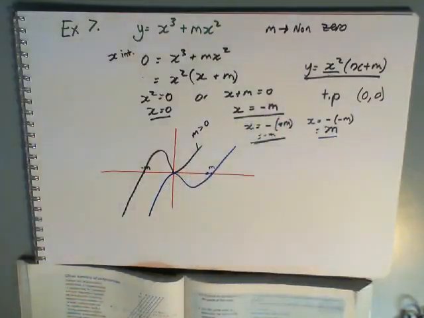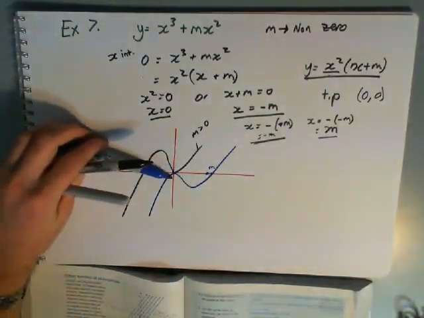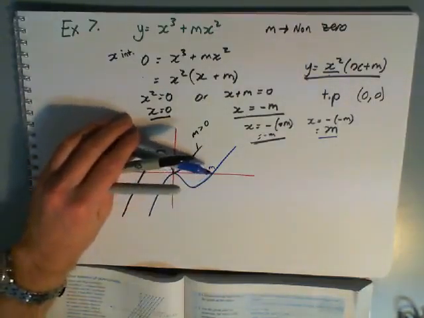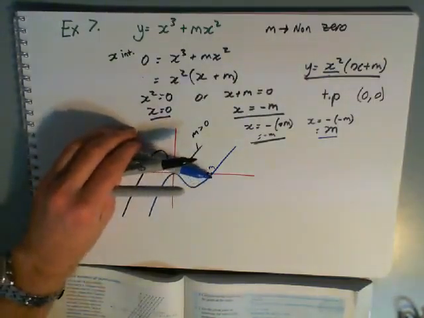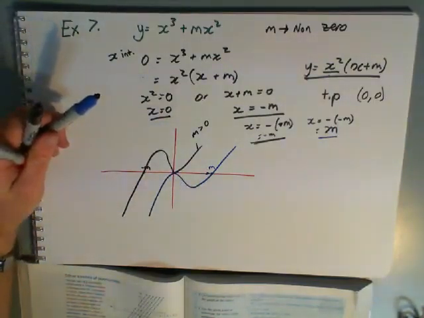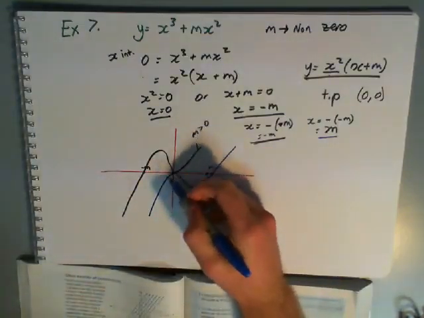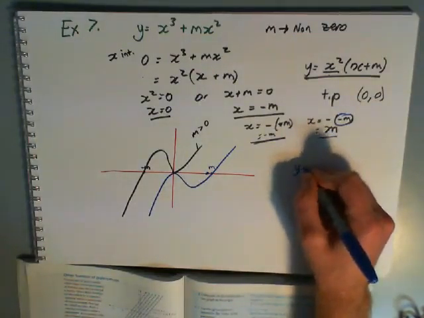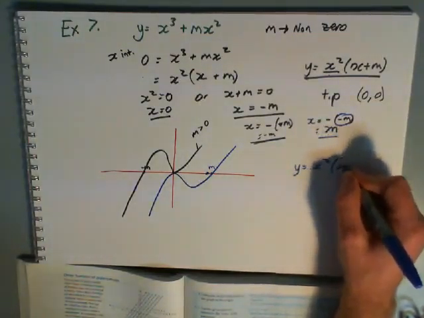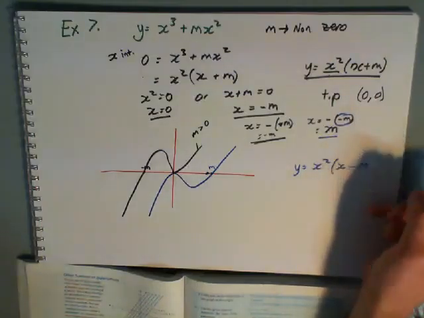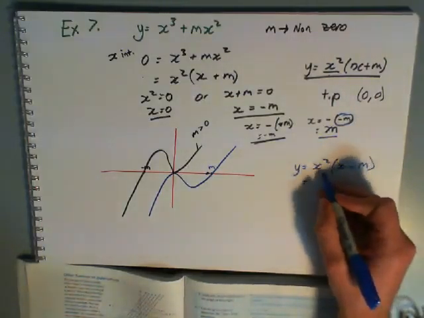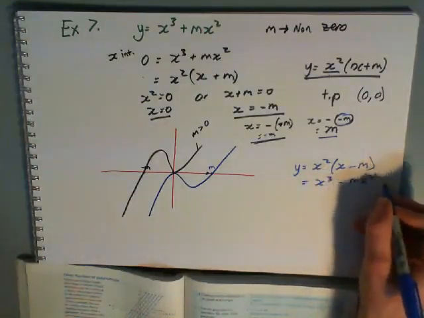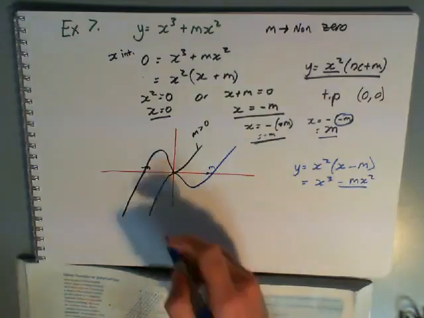So the same point, it goes through, or touches, 0, 0 as the turning point. In this case it's a maximum, but over here we've got a minimum. Now, why is that a maximum? Well, we're looking at when m is negative, so y equals x squared times x take m. Expand that out, you'd have x cubed take mx squared.